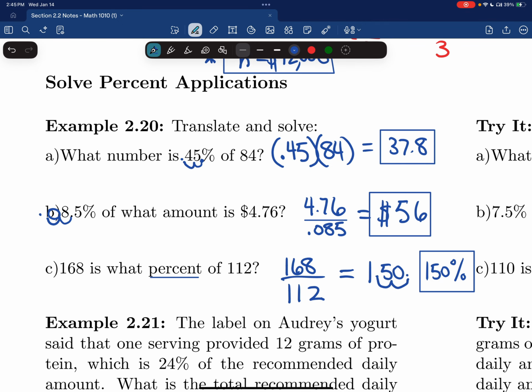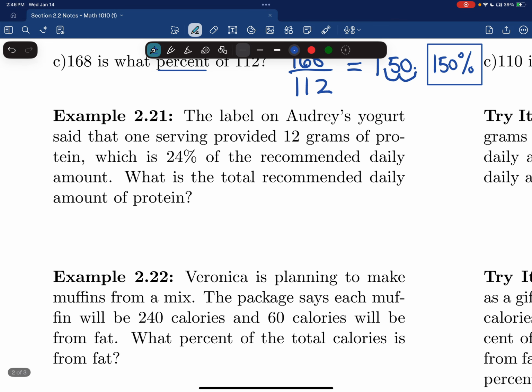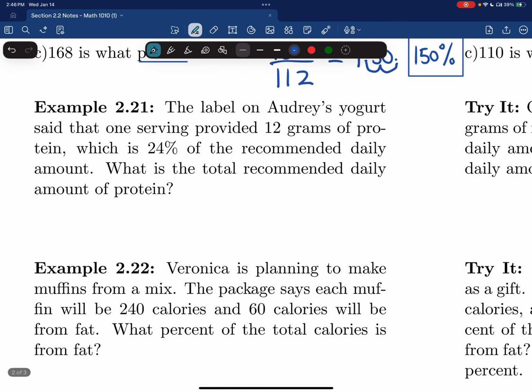Great, let's give these kinds of things some more real-world context. So example 2.21, the label on Audrey's yogurt said that one serving provided 12 grams of protein, which is 24% of the recommended daily amount. What is the total recommended daily amount of protein? So if you take 12 grams of protein and divide it by this percentage as a decimal, you'll get the answer.